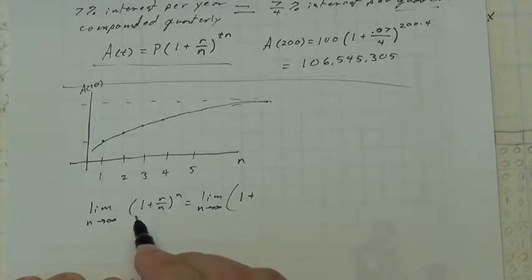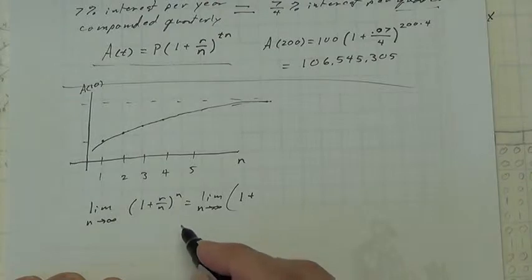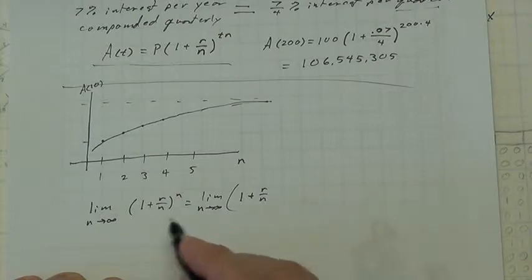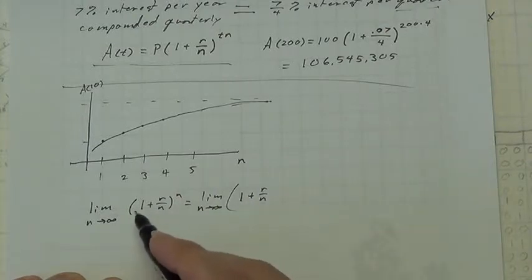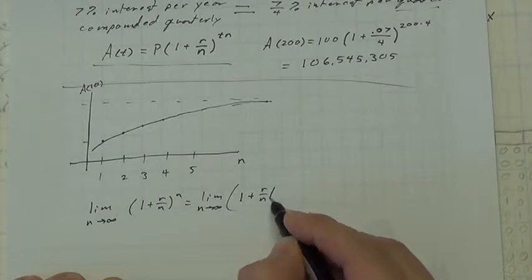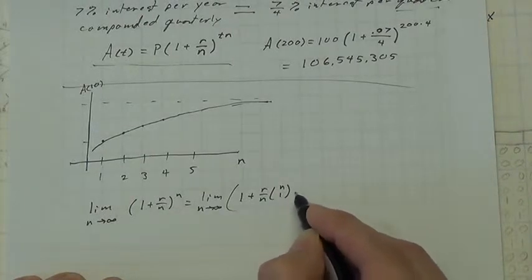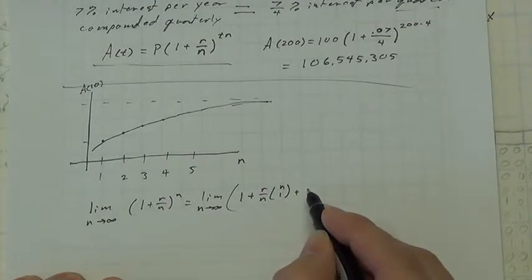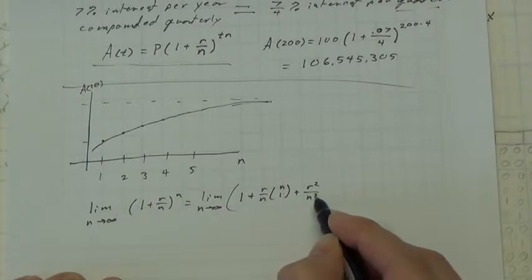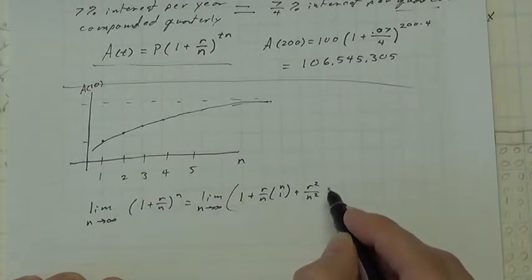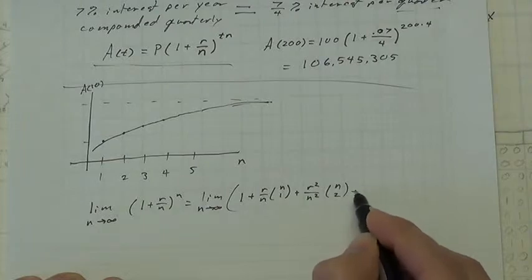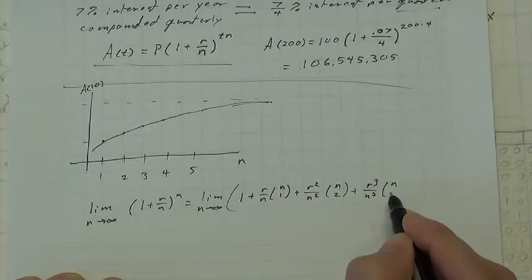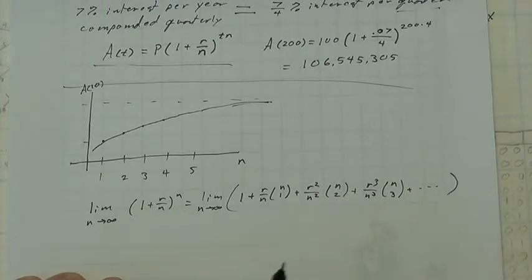So written out, this is 1 raised to the n plus r over n times 1 raised to the n minus 1, but those are all 1s, times n choose 1, which is just n, so the n's will cancel, plus r squared over n squared times n choose 2 plus r cubed over n cubed times n choose 3 plus, and so on, just like that.